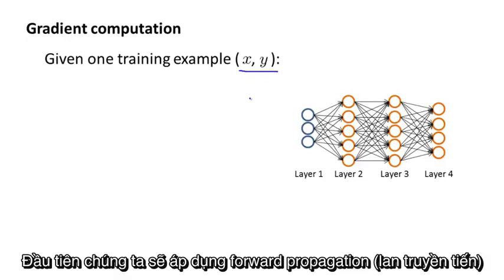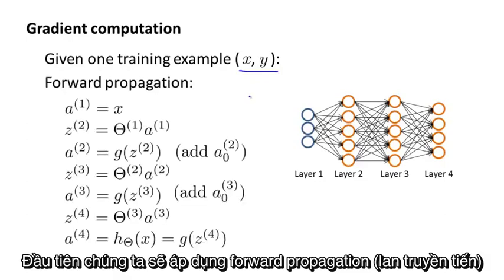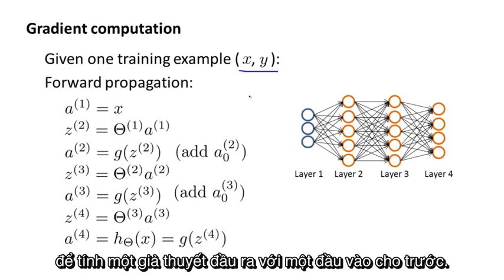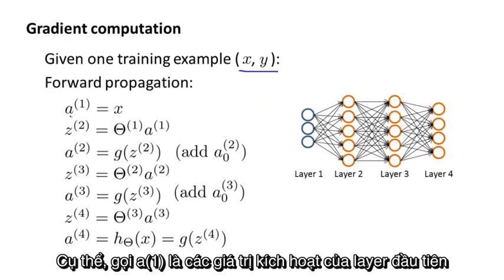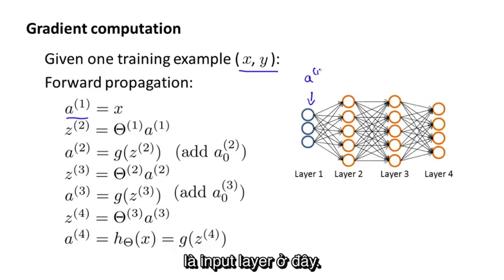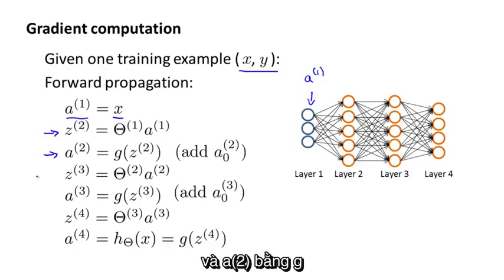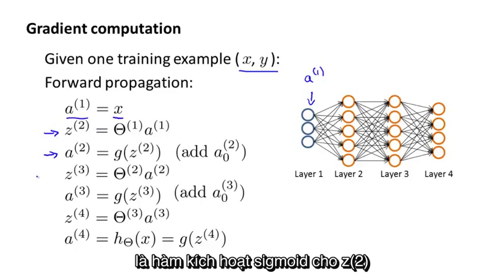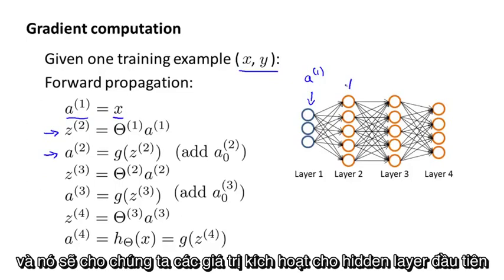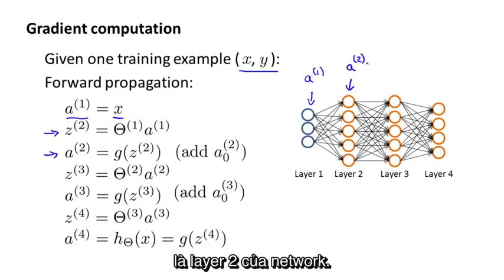The first thing we do is apply forward propagation in order to compute what our hypothesis actually outputs given this input x. Concretely, recall that a1 is the activation values of the first layer, that is the input layer, so we're going to set that to x. Then we compute z2 equals theta1 a1 and a2 equals g, the sigmoid activation function applied to z2, and this gives us our activations for the first hidden layer, that is layer 2 of the network.